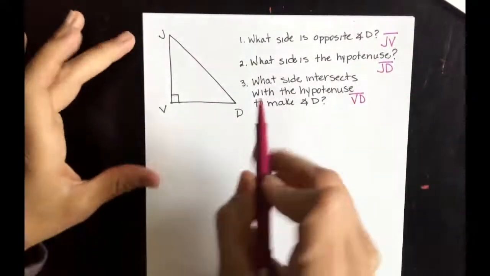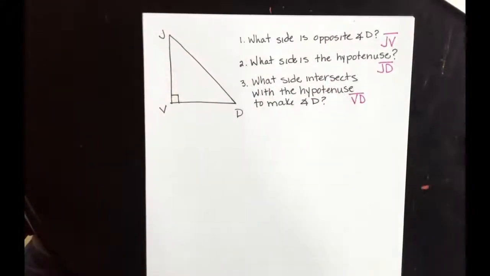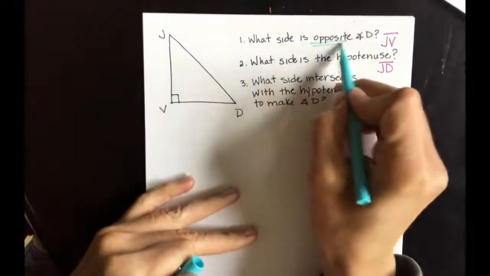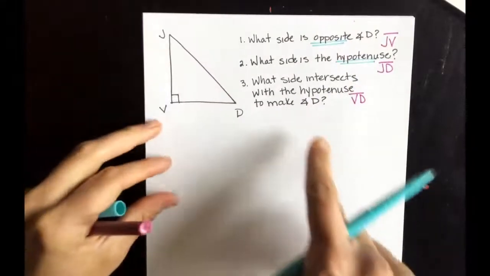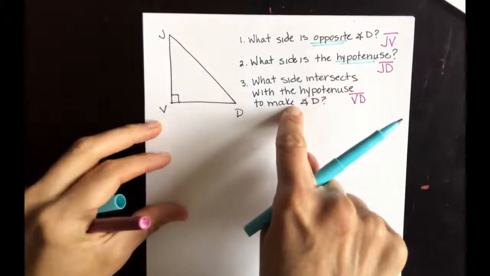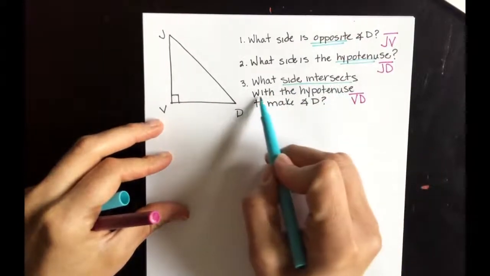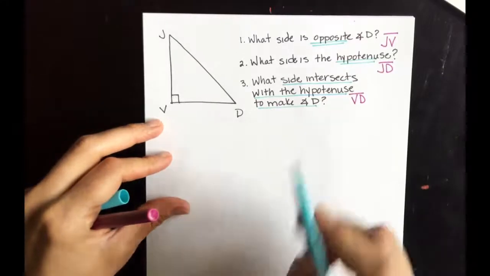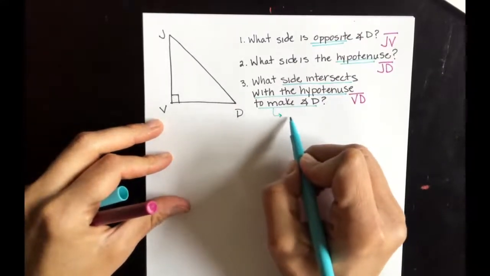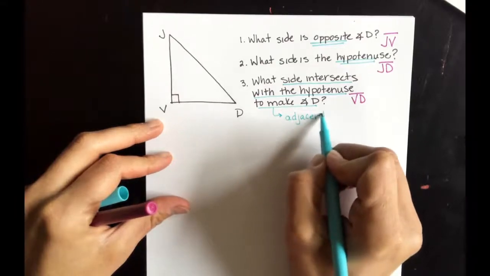So notice that this one I specifically called opposite, and I specifically called this one hypotenuse, but I didn't yet use this one's correct name. I described it. It's the side that intersects with the hypotenuse to make the angle we're talking about. That guy's name is the adjacent side.